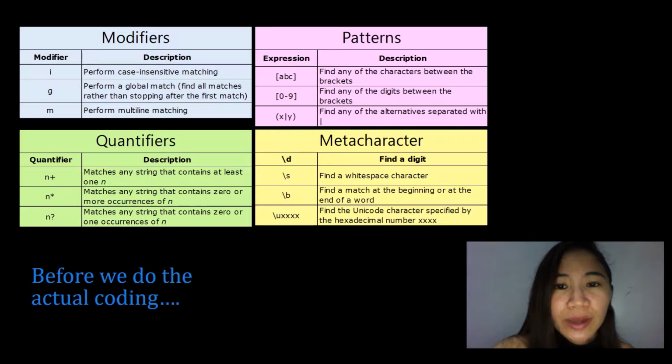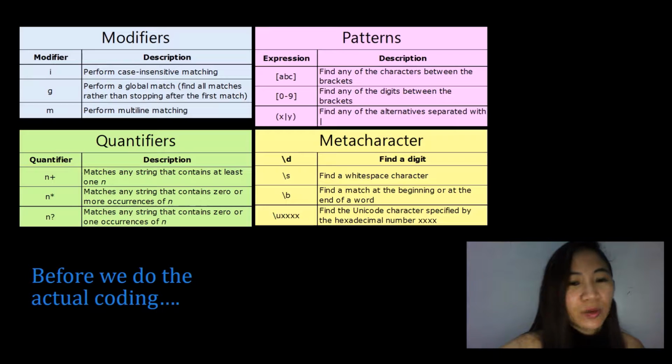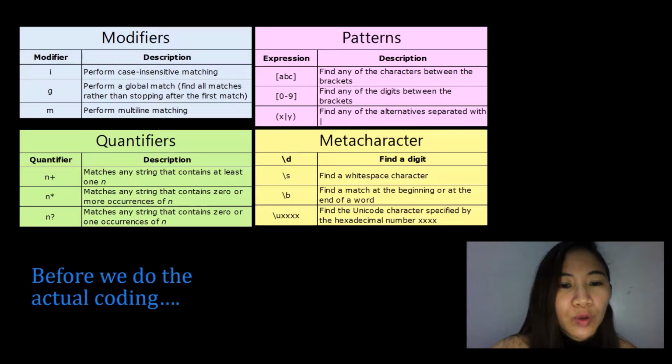There are also quantifiers. Quantifiers define quantities. n+ matches any string that contains at least one n. n* matches any string that contains 0 or more occurrences of n, while n? matches any string that contains 0 or 1 occurrence of n.